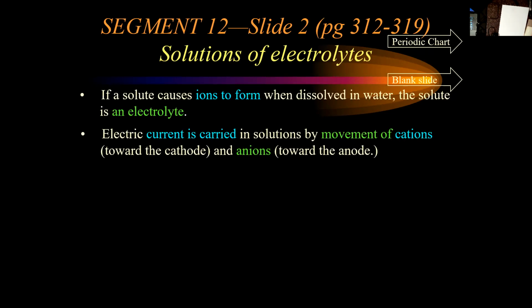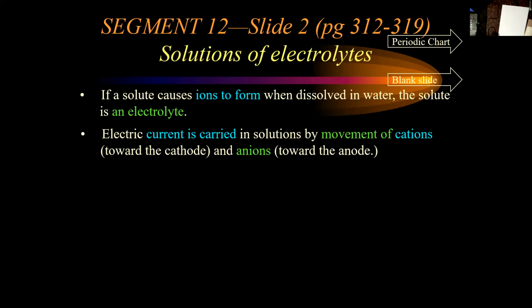And if the cation, what charge is it? Positive, that's right. If it goes toward the cathode in that particular cell, then what's the charge on the cathode? Well, if the cation's positive, it's attracted to the cathode's negative in that case. Now, that's how the names of the ions came about.